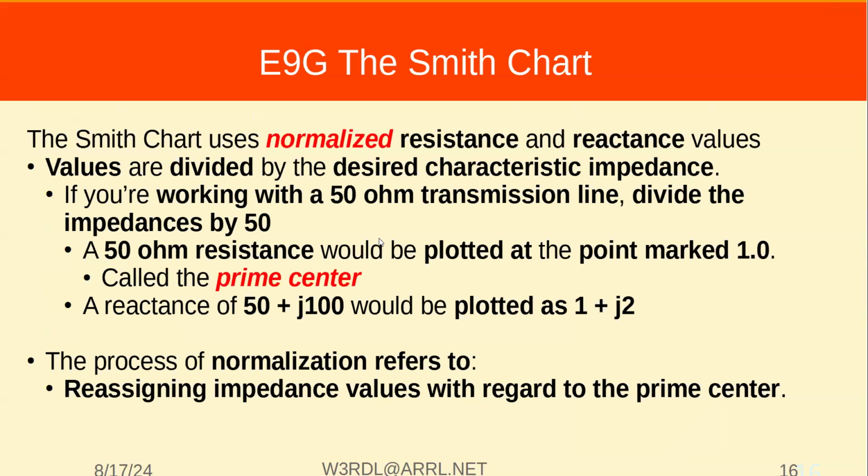And like I said, it uses normalized resistance. So it makes it easy. You just divide everything by your 50 ohms or whatever you're working with and plot it. And then when you get done, you have to unnormalize it. So you multiply. That center point of 1.0, they call the prime center.